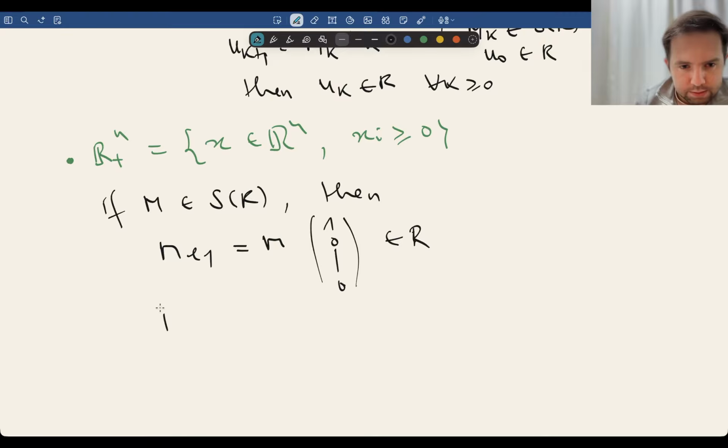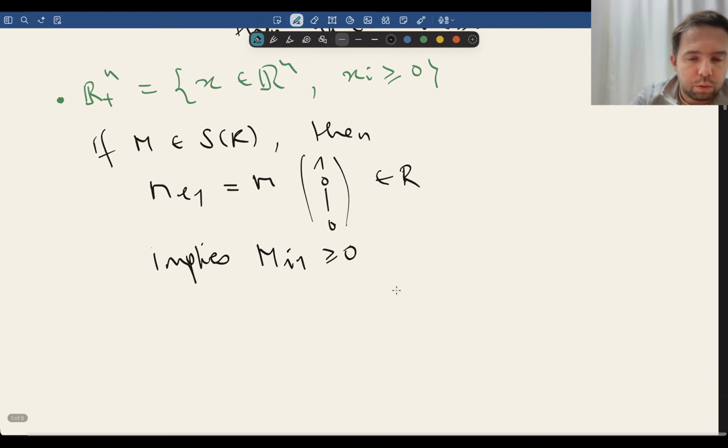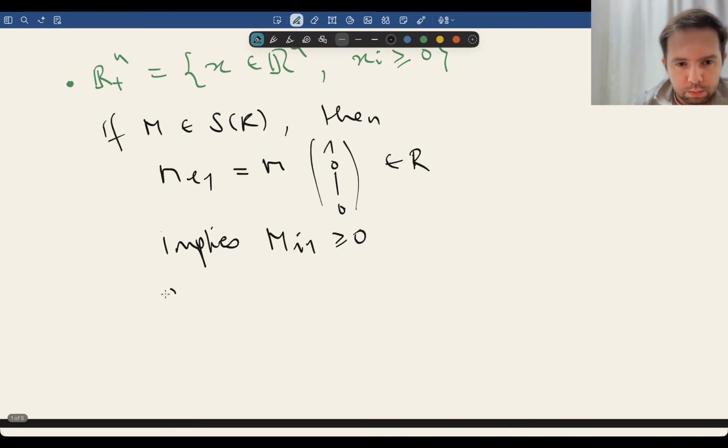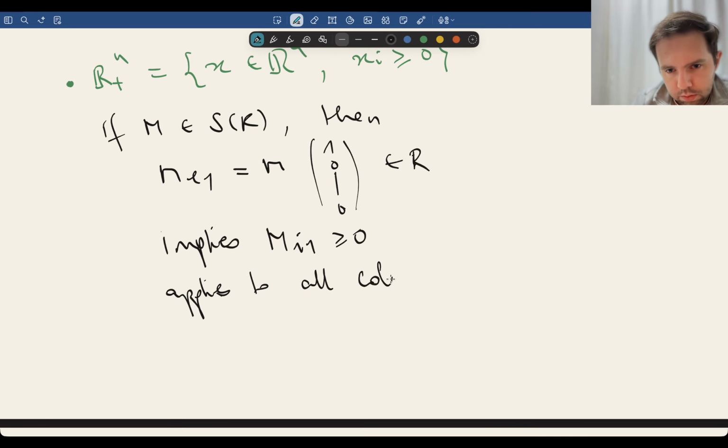So this implies m_i1 non-negative. But this applies in fact to all the columns. So we infer that m_ij is non-negative for all i, j.